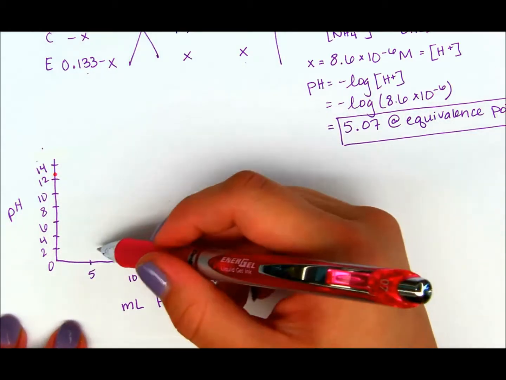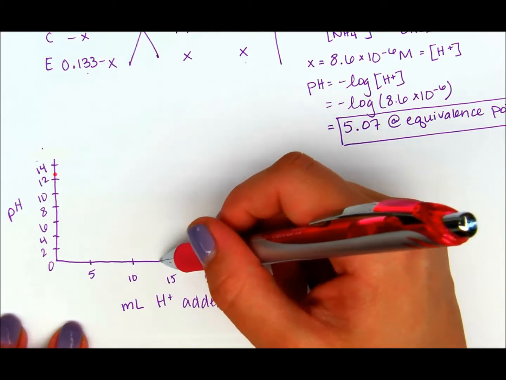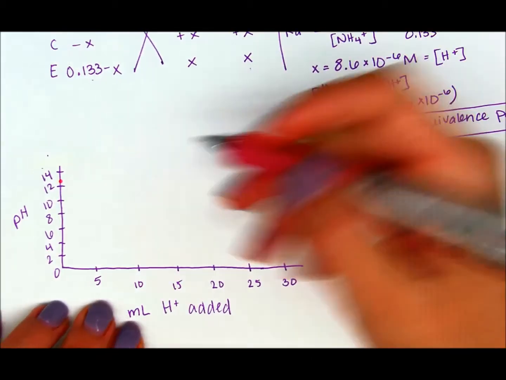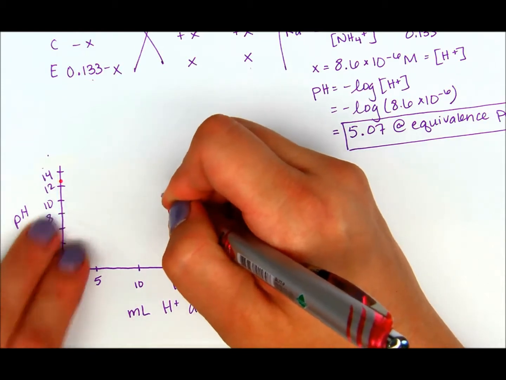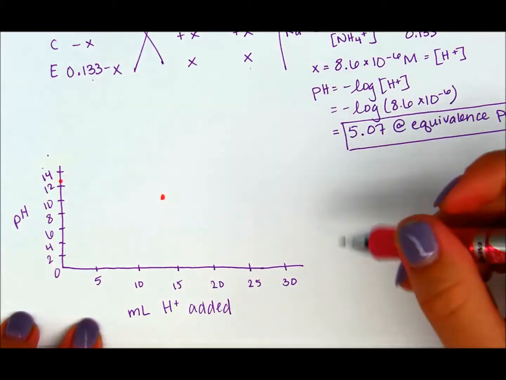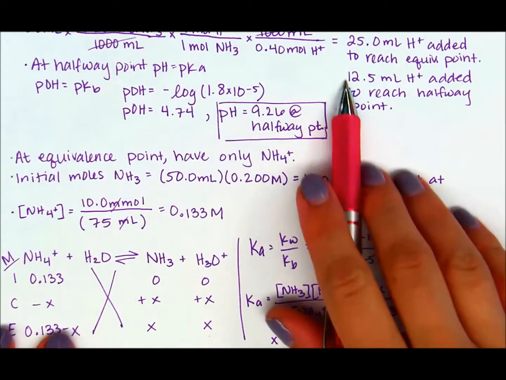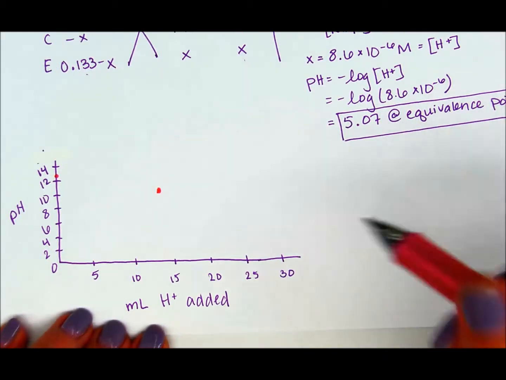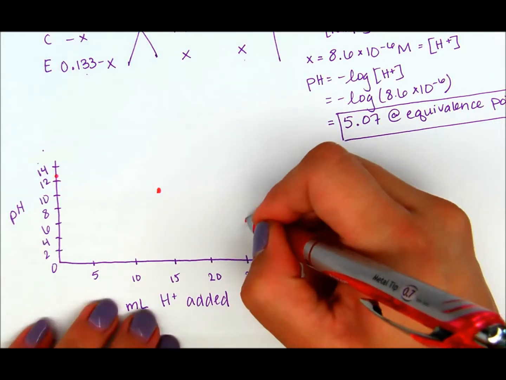Your halfway point here is going to be when you have added 12.5 milliliters of your acid, and your pH was 9.26, so 9-ish. So 12.5, 9-ish, right there, maybe. Okay, and then your equivalence point was when you added 25 milliliters. So here you added 25 milliliters to reach the equivalence point, and the pH was 5.07 at that point. So 25 and then 5.07, that's about here.